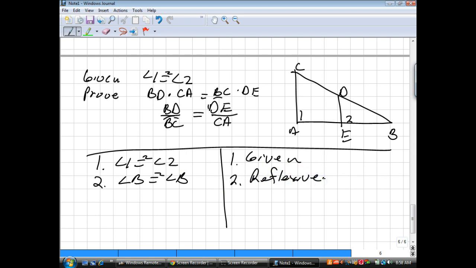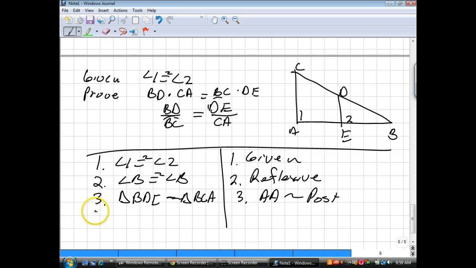Okay. Then we can say triangle BDE is similar to triangle BCA, and that's by the angle-angle similarity postulate. Remember, the squiggly line means similarity.